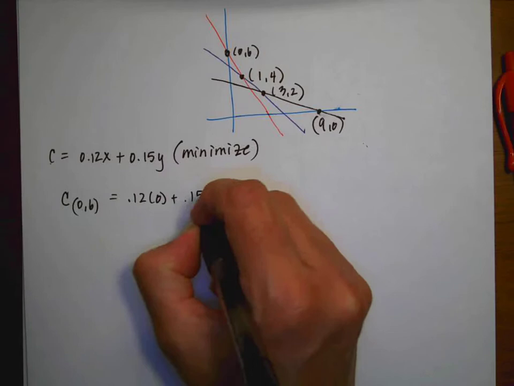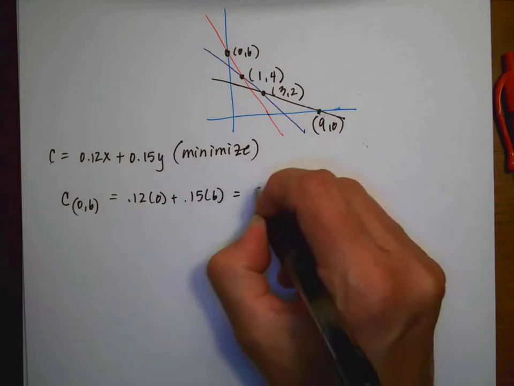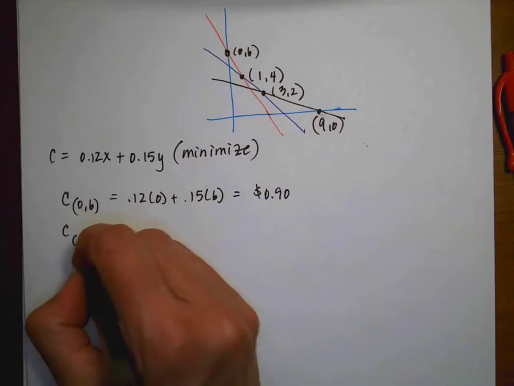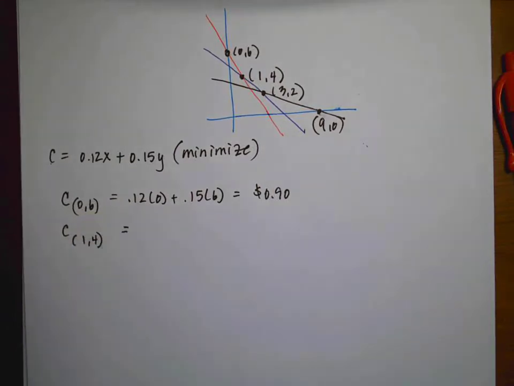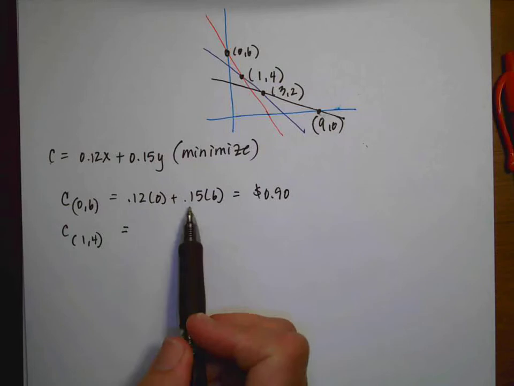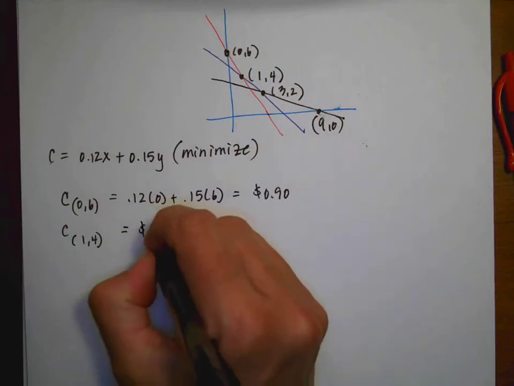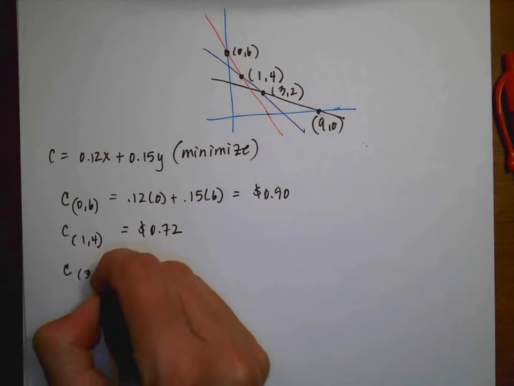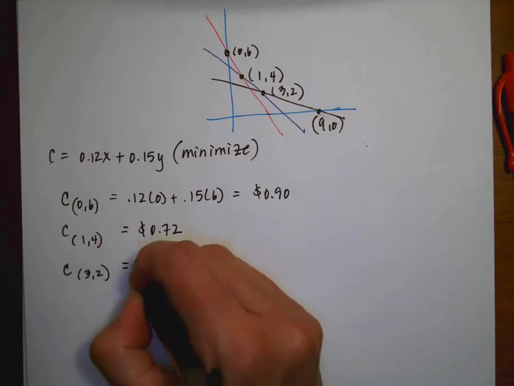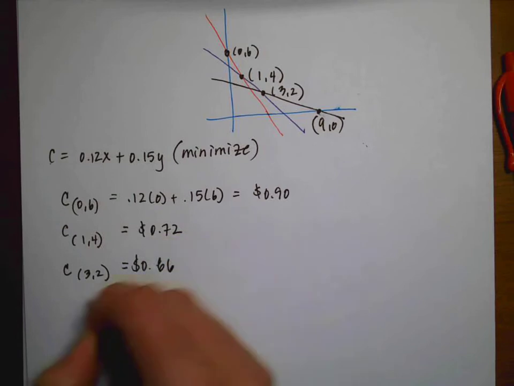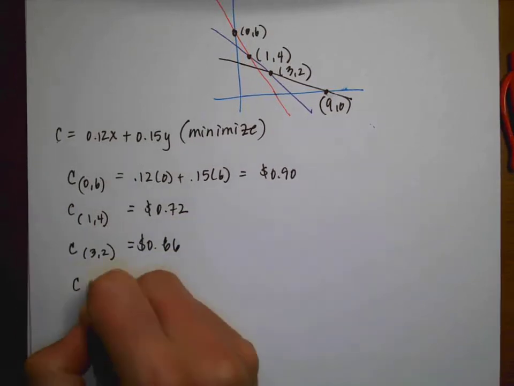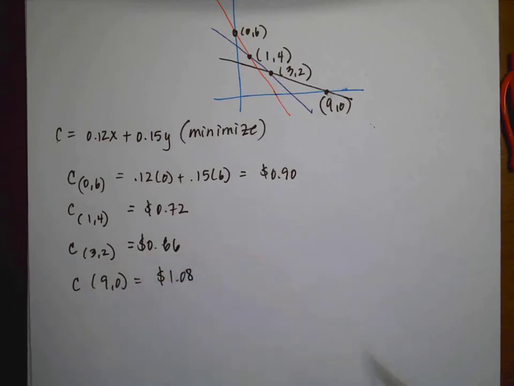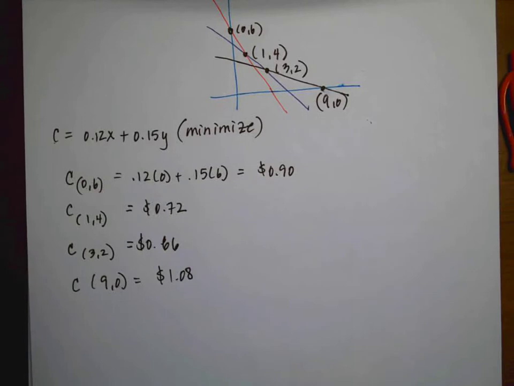So I would get 0.12 times 0 plus 0.15 times 6, and I get 0.90. And then I would evaluate the cost at the point 1, 4, and I get 0.72, and then I would evaluate my cost at 3, 2, and I would get 0.66, and then I would evaluate the cost at 9, 0, and I would get 1.08.